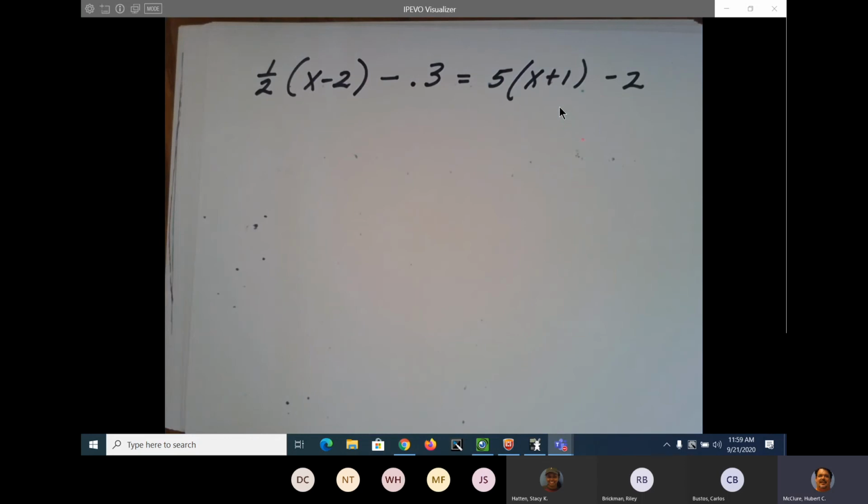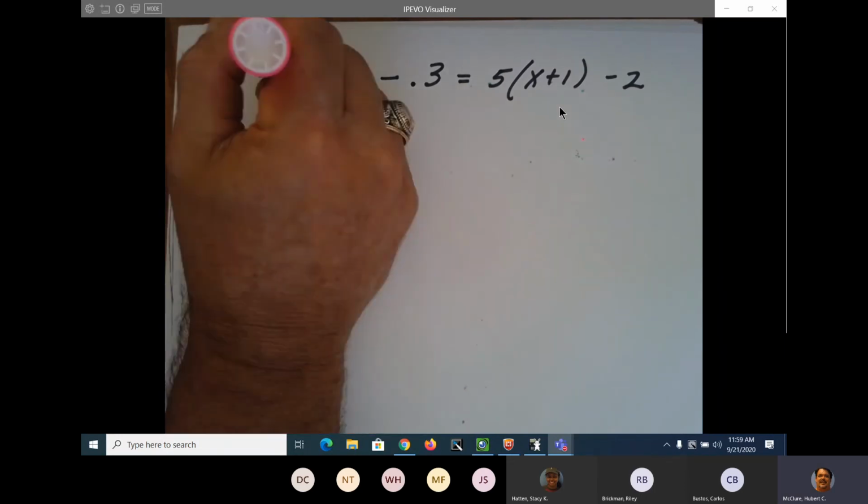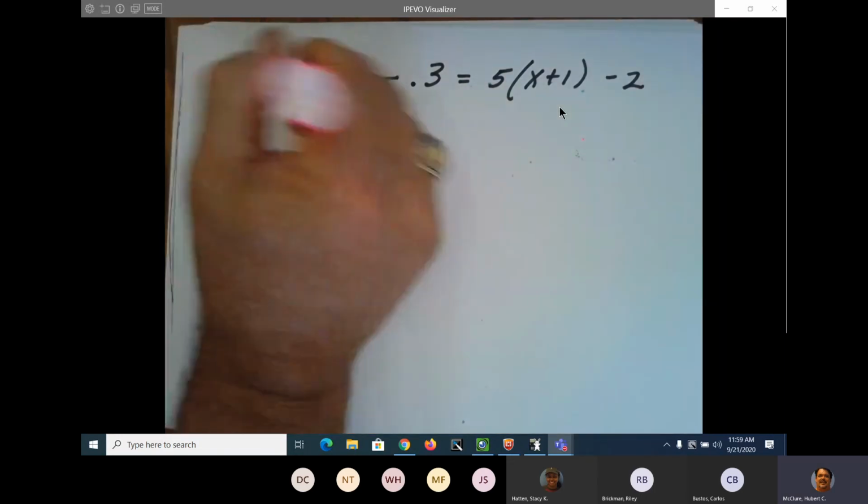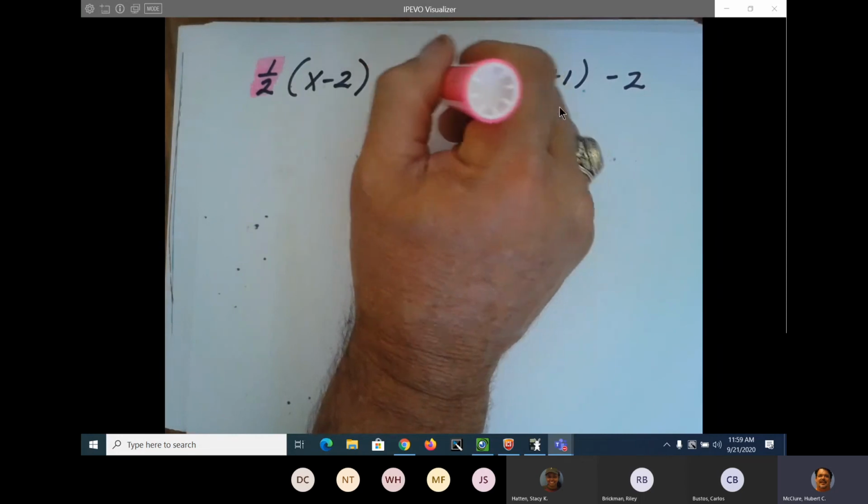Now we have a fraction and a decimal. So I'm going to highlight the fraction and the decimal because I want you to see that this one would give you fits, especially if you don't like fractions or decimals.